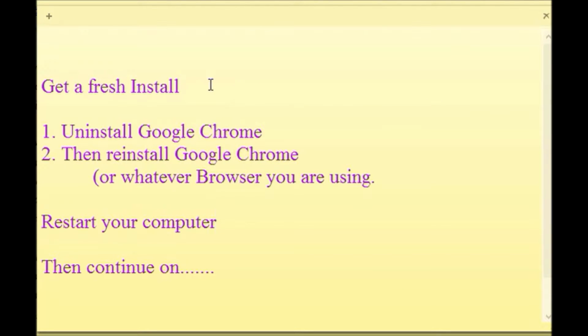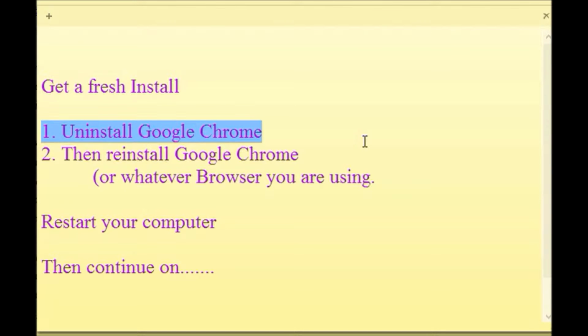We want to start with a fresh install. What you want to do is uninstall your Google Chrome, and of course you know how to go to the control panel and uninstall a program, so I won't be going over that.